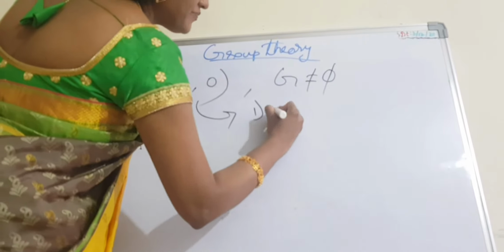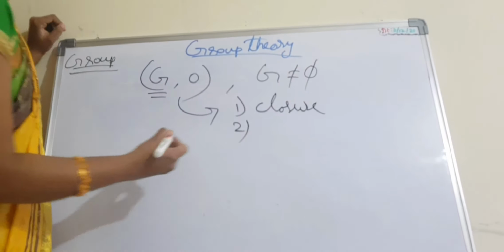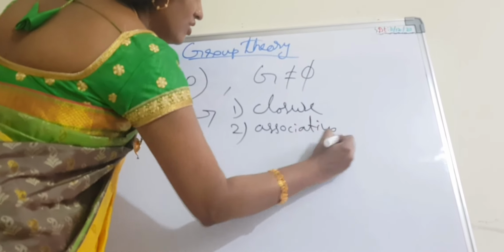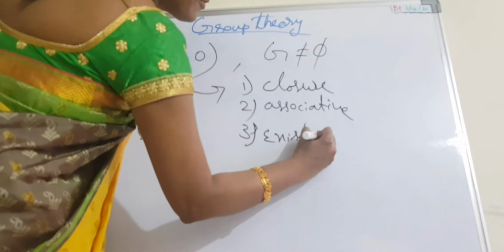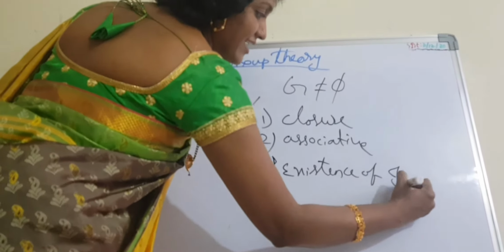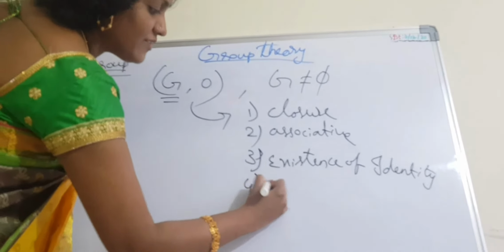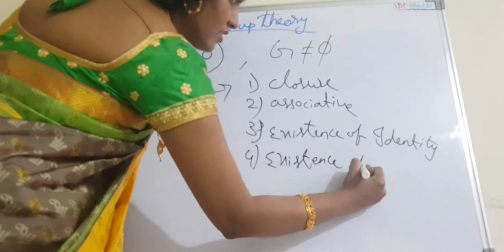First one, closure. Second one, associative. Third one, existence of identity. And fourth one, existence of inverse.